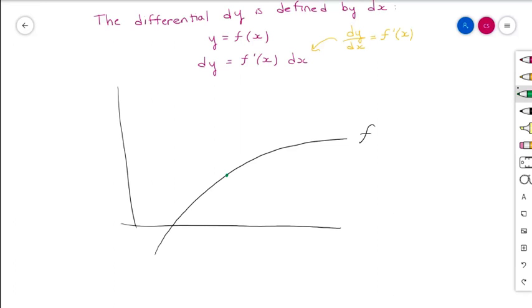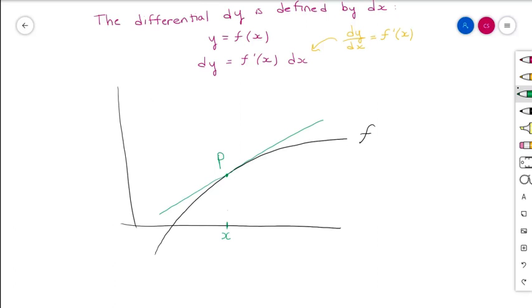We'll call it P. So we have our tangent line at the point P. P happens at x, so we'll have our x right there.